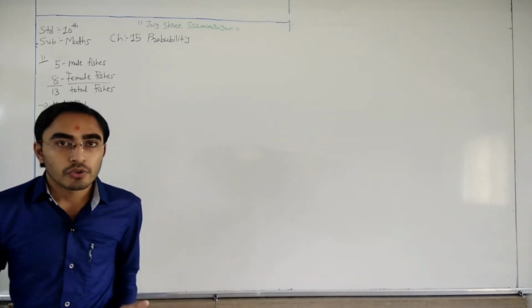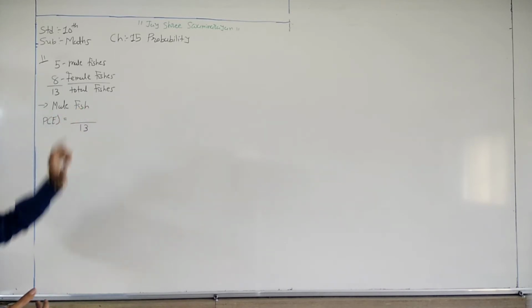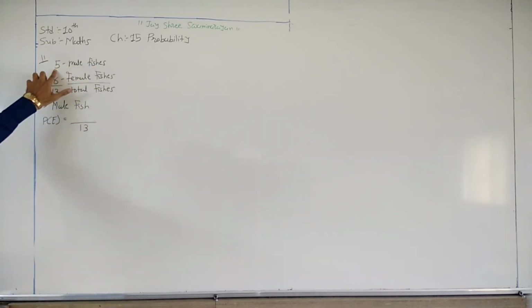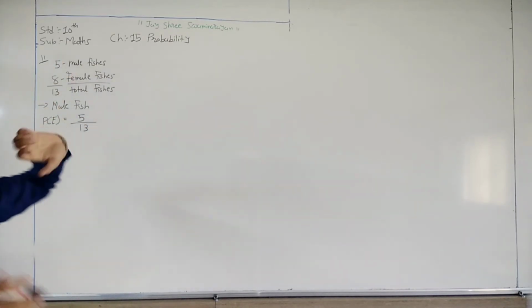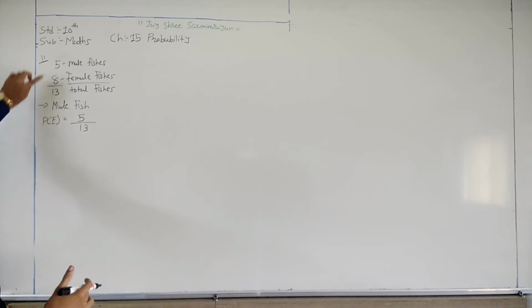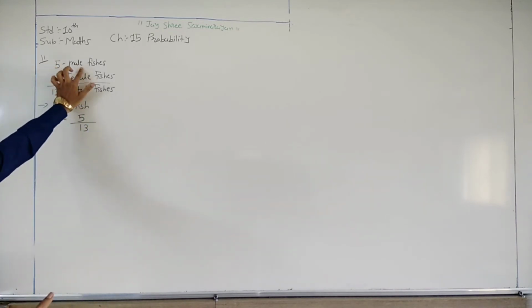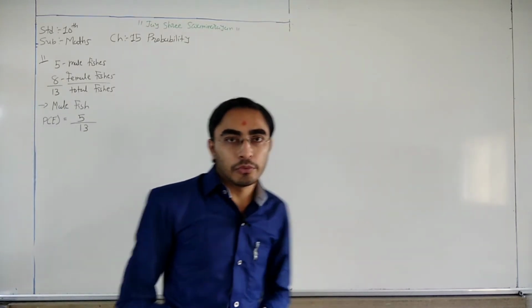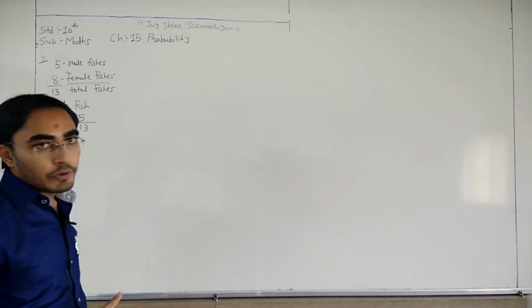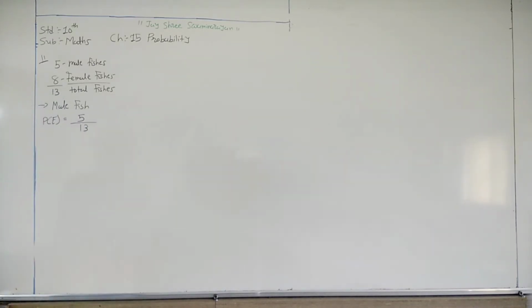Now we need to think about favorable outcomes. We need to find the probability for a male fish. So how many male fishes do we have? It is 5. So this 5 becomes our favorable outcome. So here the probability of event E is equal to 5 by 13.